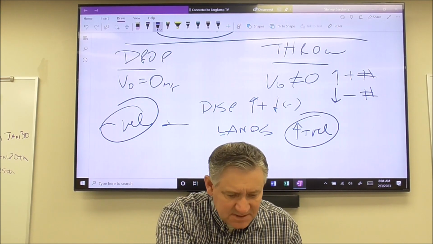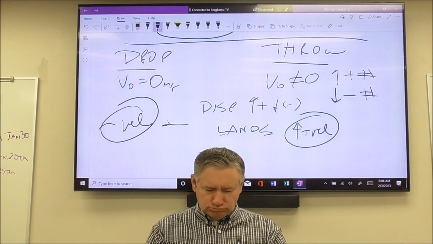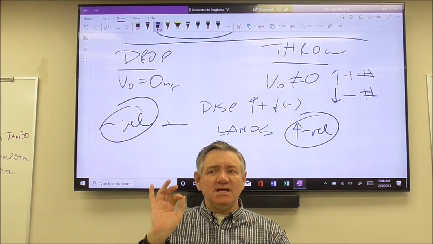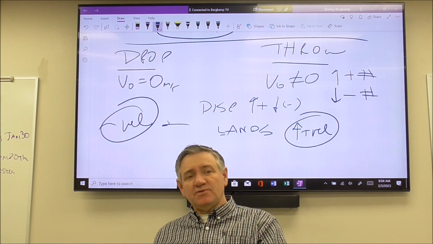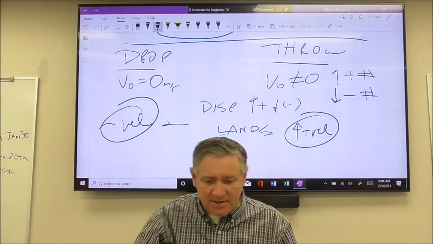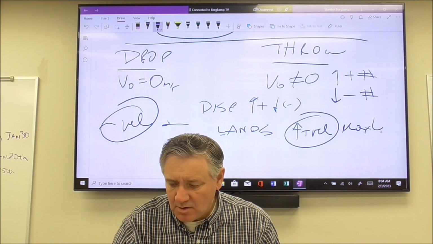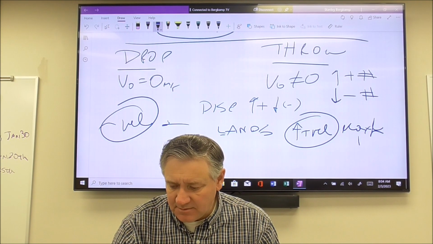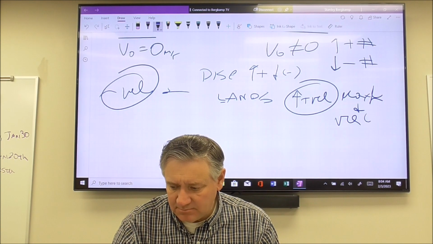Now, if I throw this thing up in the air, does it change direction? Yeah. Now, one of the key things, and you'll see this later on as we work through some problems, is that when you throw something up in the air, when it reaches its maximum height, what's the velocity going to be? 0.